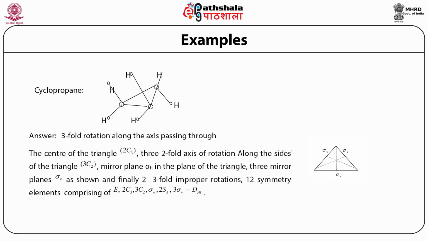So there are 12 symmetry elements comprising E, 2 C3, 3 twofold axes, 1 horizontal plane, 2 improper axes of threefold symmetry, and 3 mirror planes sigma v. So the group consists of 12 elements and is the group D3h.